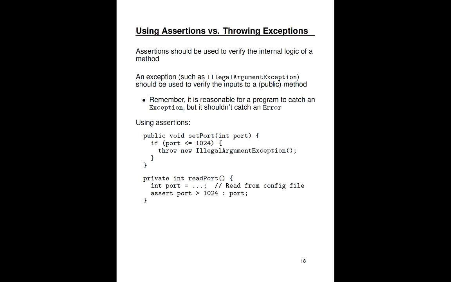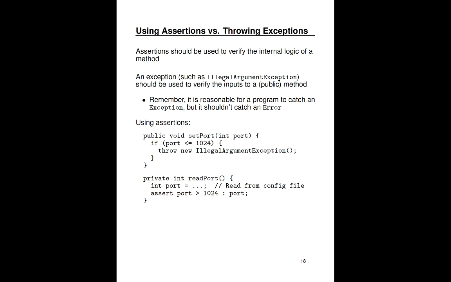So here is an example of where you can use assertions and exceptions. Let's say you've got a public method which is called setPort, which is called by some other code. You want to make sure that your port is greater than or equal to 1024, because I guess you're only running on protected ports here. If it is less than 1024, then you want to throw an exception because you're taking in input from the user, from outside of your code.